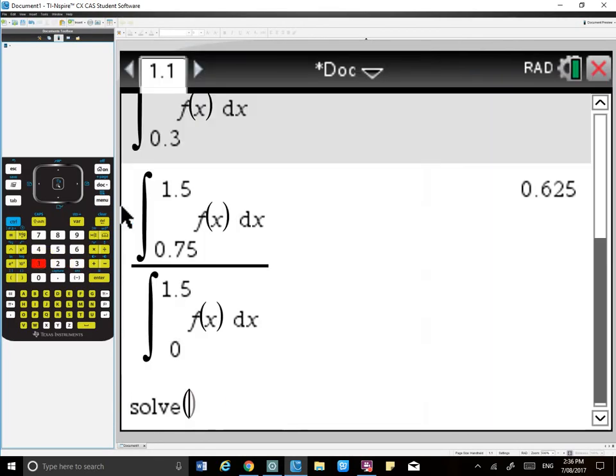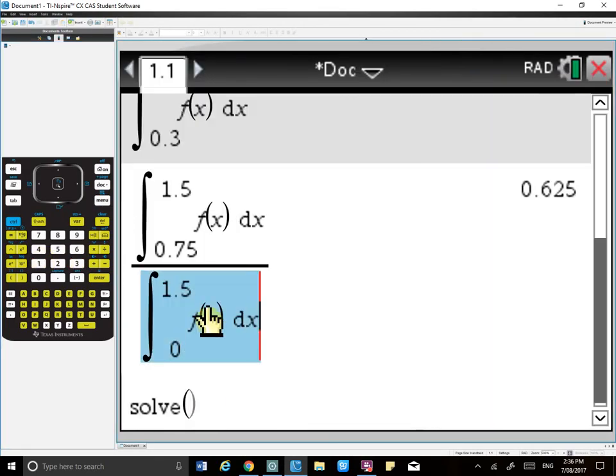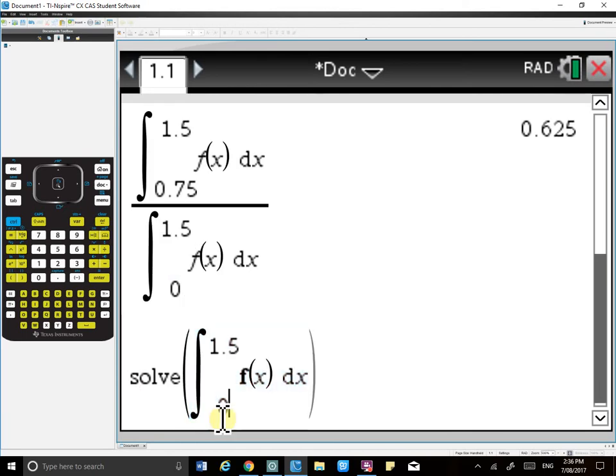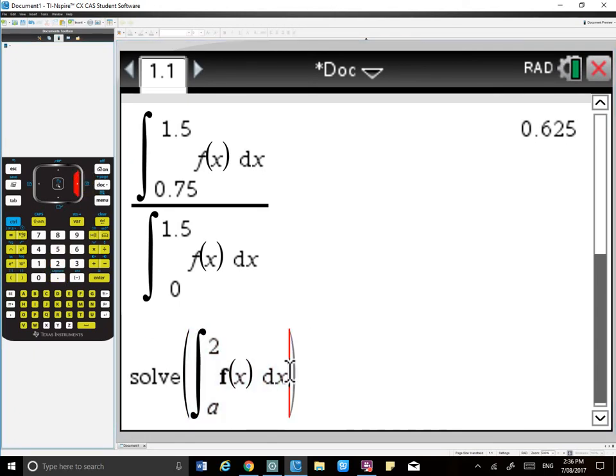Menu 3, 1. I want to solve for this. Okay, a to 2 dx, and that equals to 0.25, comma a.